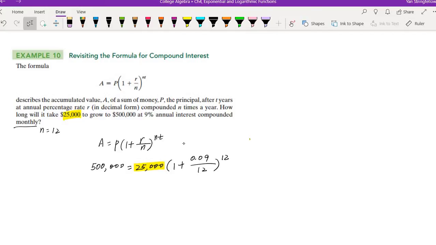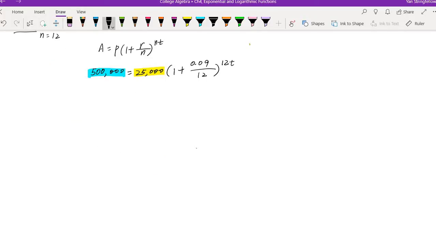They want to ask you what t is, because how long will it take to grow this much? Once you set this up, 500,000 equals 25,000 times this whole thing. If I divide both sides by 25,000, we get 2 equal to 1 plus 0.09 over 12, to the power 12t.